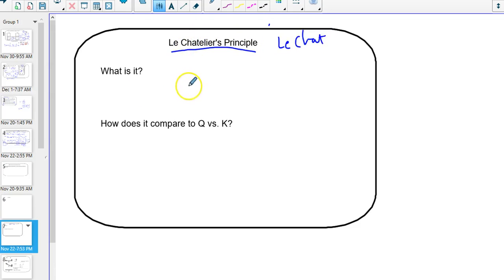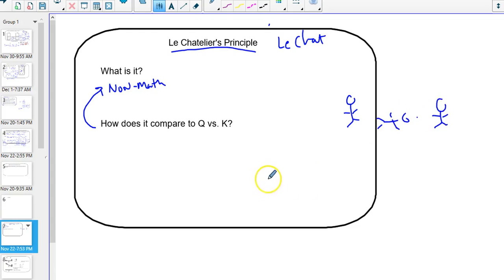Okay, what is it? It's basically a non-math version of Q versus K. Sometimes I'll make a human example of this: if a person is standing up and you knock them over, they will take a moment and then right themselves.